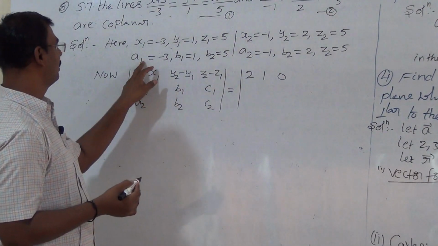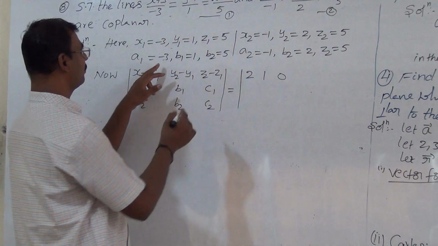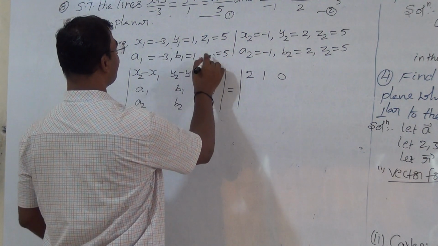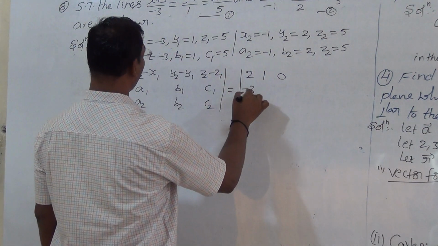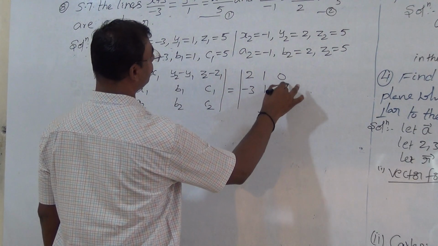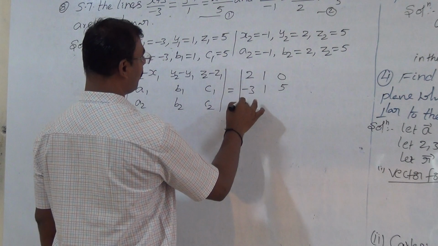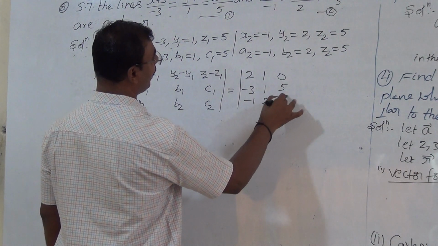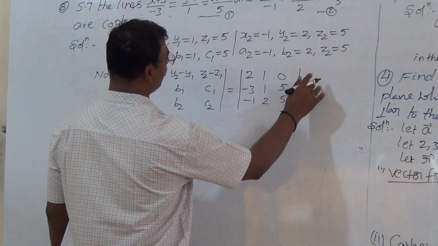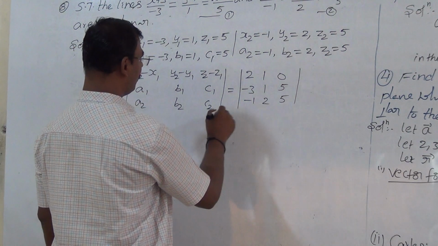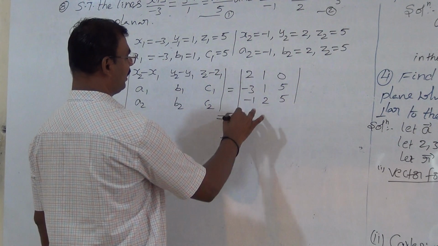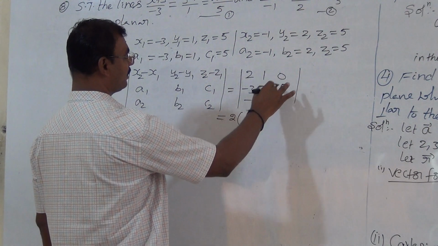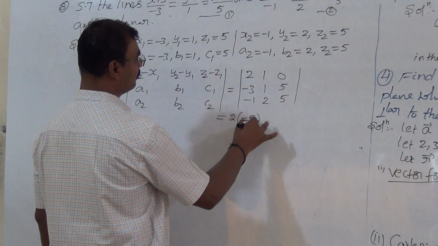Next row, a1, b1, c1: minus 3, 1, 5. Then a2, b2, c2: minus 1, 2, 5, is equal to, we have to show what? 0 only. 2 into (5 minus 10), that is 5 minus 10, that is minus 5.